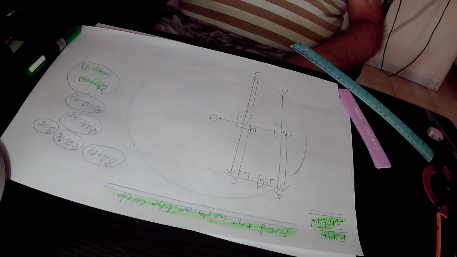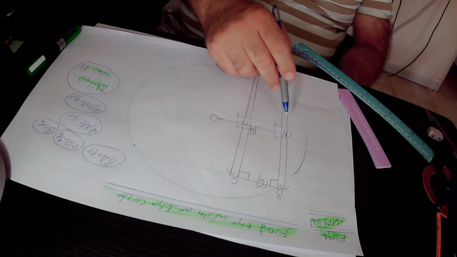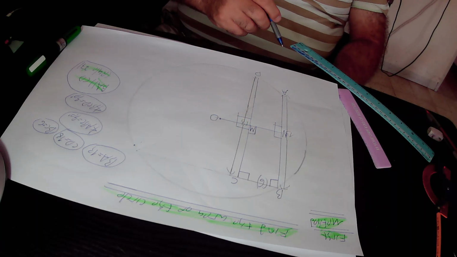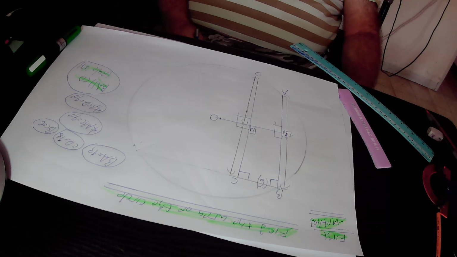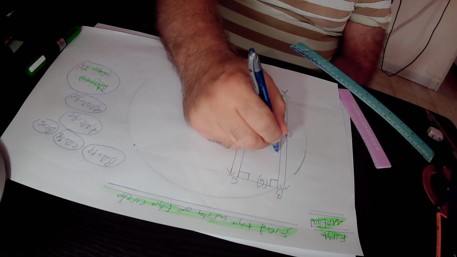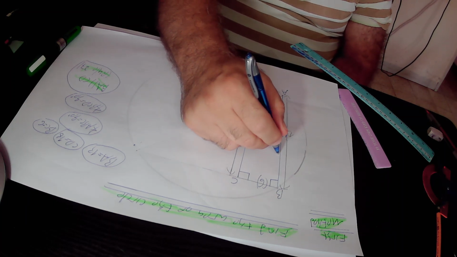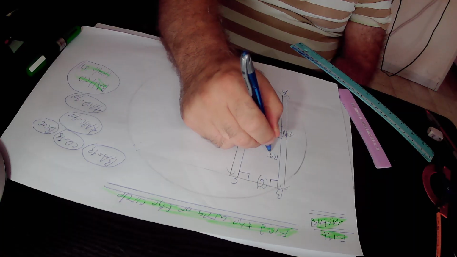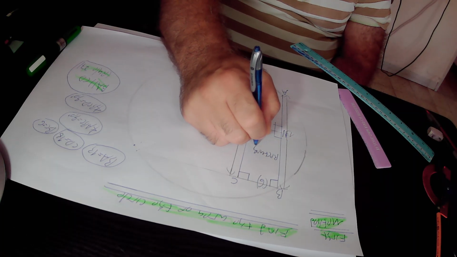So in quadrilateral BCMN, we have 4 right angles. And therefore, according to rule 5, quadrilateral BCMN is a rectangle. So it is known quadrilateral BCMN is a rectangle because it has 4 right angles.